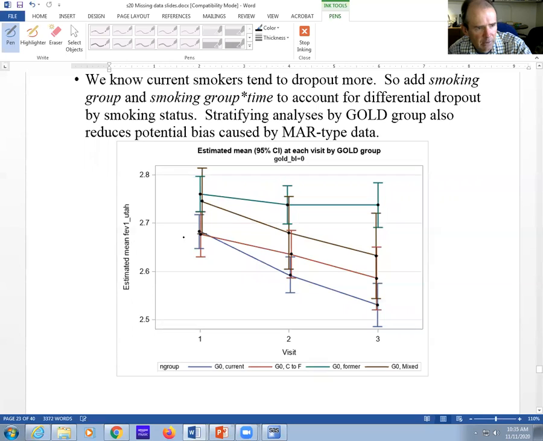FEV1 is one example. We stratify analyses based on their health at the beginning, and that's one of the ways that we help account for missingness and dropout that may depend on how healthy your subjects are at the beginning of the study, and that definitely helps.